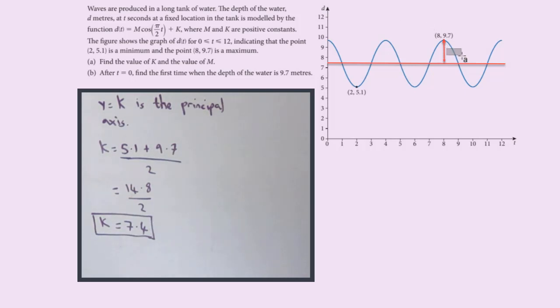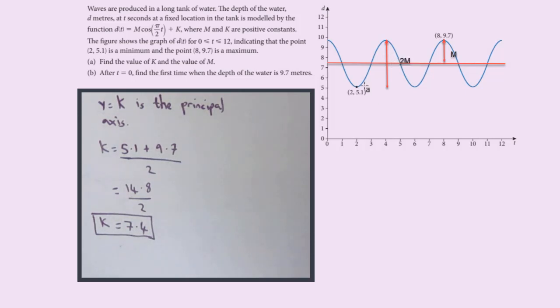Let's draw that in, so that's m there. We can work out the distance between the peak and the trough. If I draw another arrow, this distance here is going to be 2m.